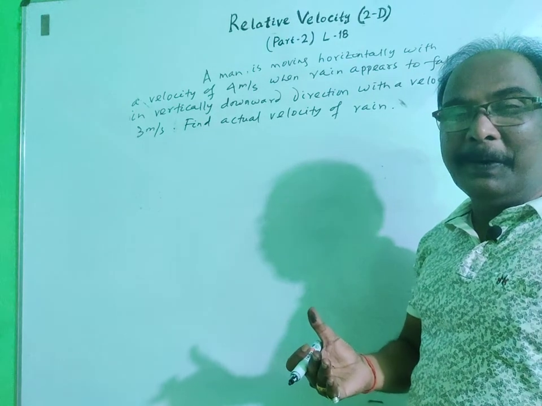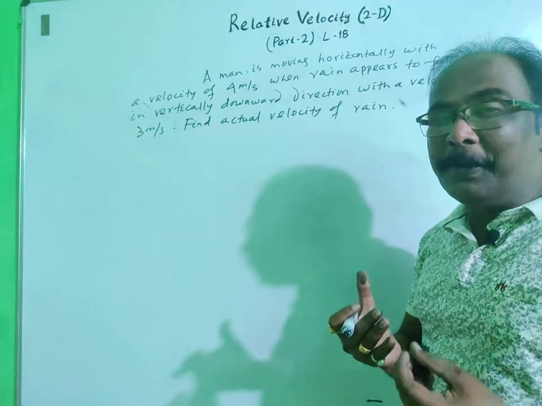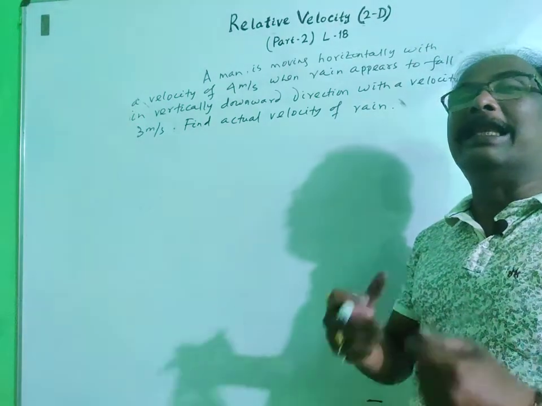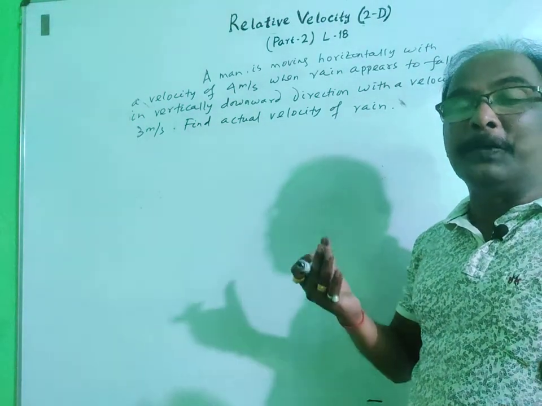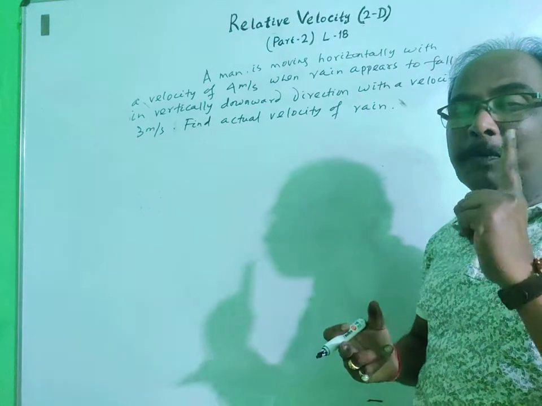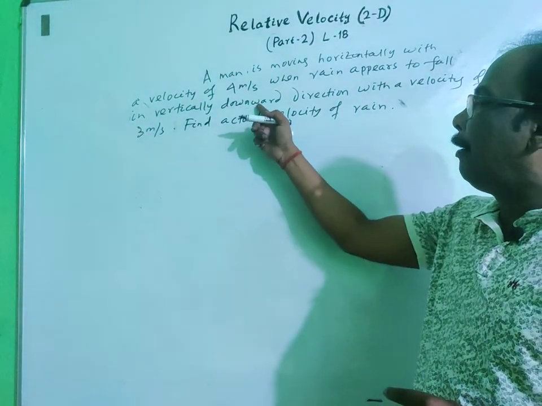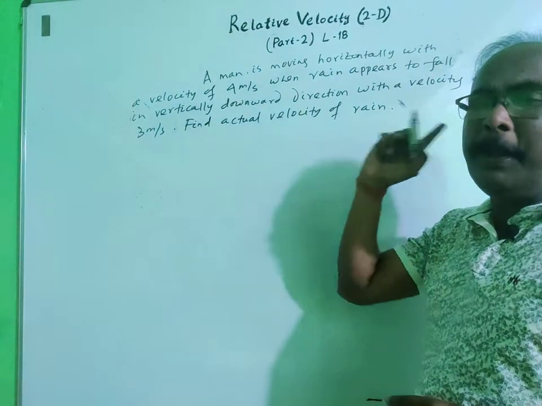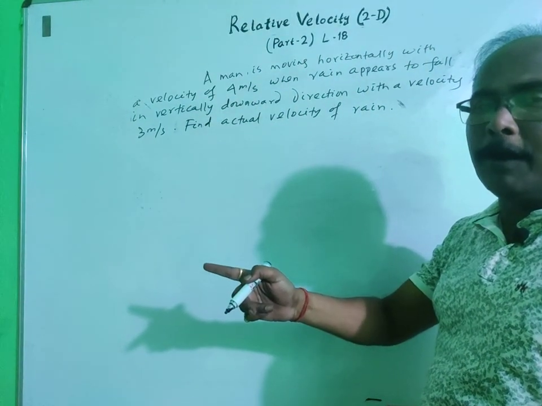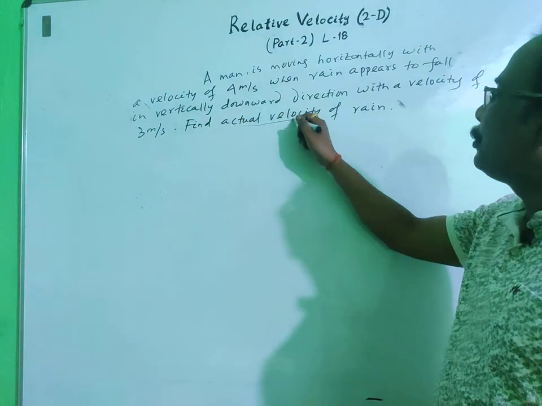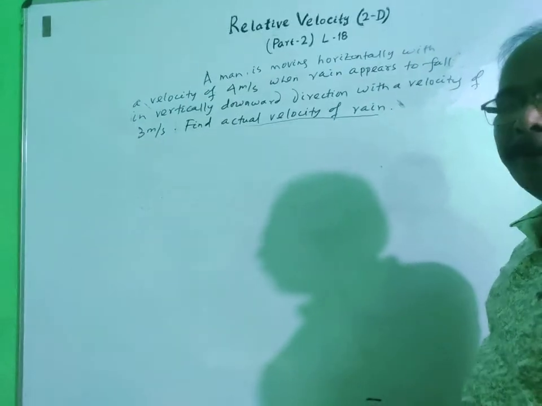I have already told you what is the meaning of appears to fall. Appears to fall means relative velocity, means velocity of rain with respect to man. This is not the actual velocity of rain in vertically downward direction. Rain appears to fall in vertically downward direction. Then we have to find what is actual velocity of rain.